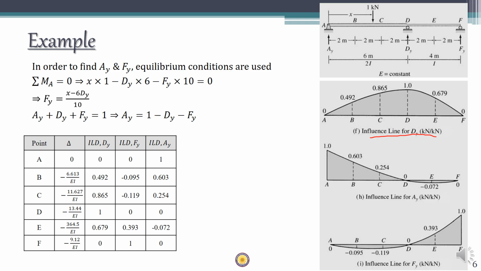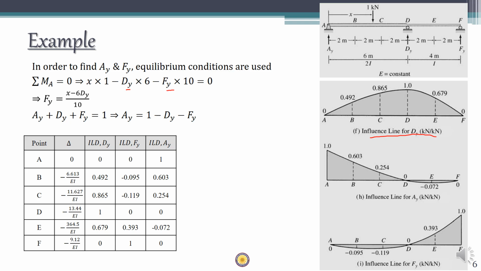So x into 1 minus dy into 6 minus 10 into fy is going to be 0. dy is already known for different values of x. So at different values of x, you can find out fy also. So the equation will be fy is equal to (x minus 6 dy) by 10.